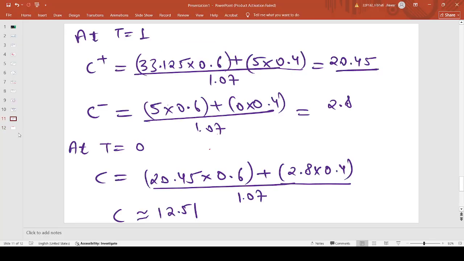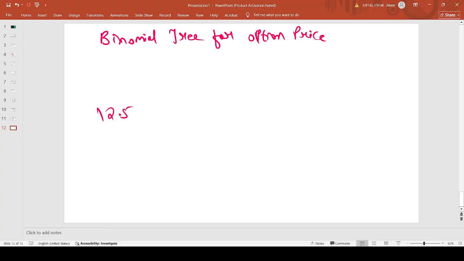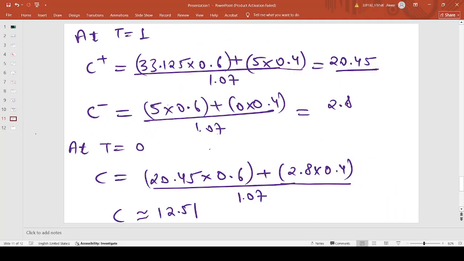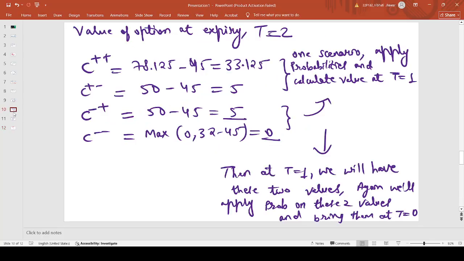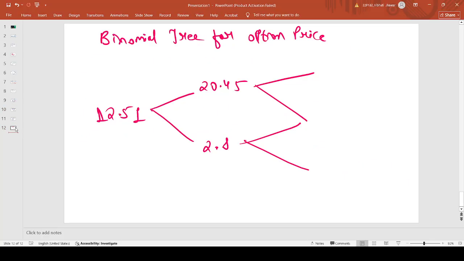What is the price in the beginning? 12.51. Then it became 20.45 and 2.8. Then, from 20.45, 33.125 at the top. Here it was 5 and here it was 0. Time 0, time 1, time 2. So this is the two-period binomial model.